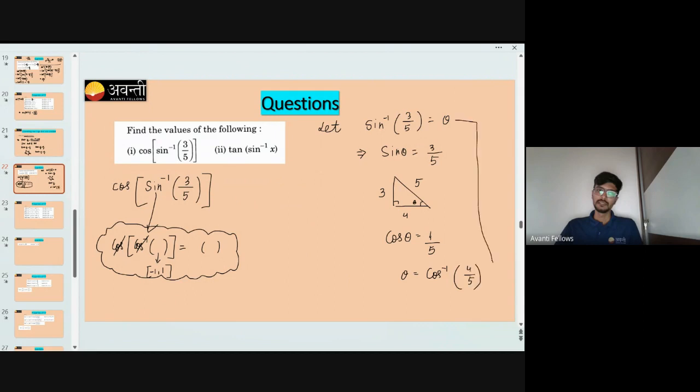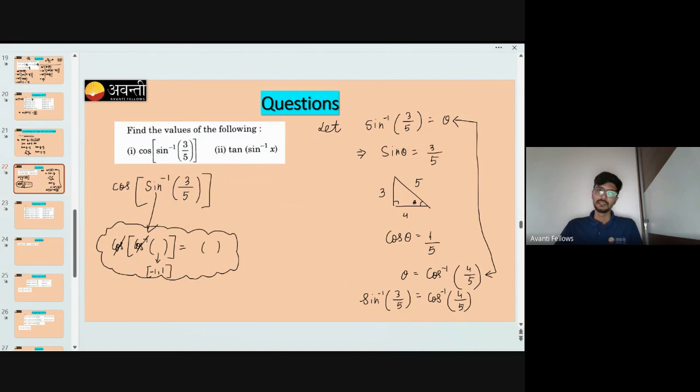Now see these two. Sine inverse of 3 by 5 is theta, and theta is also cos inverse of 4 by 5. Equate both.